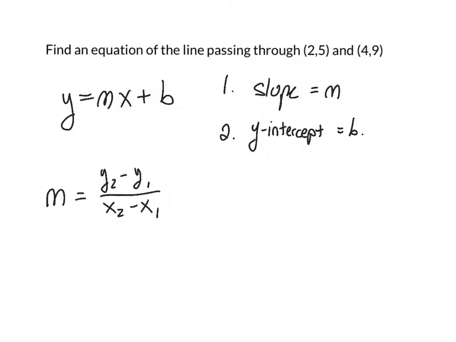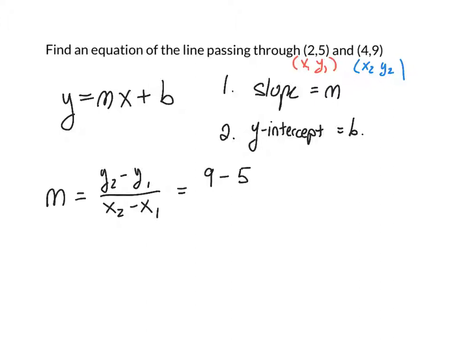So if we come over here, I'll call this x1, y1. That'll be my first point, and I'll call this x2, y2. That'll be my second point. So y2, in this case it looks like it's equal to 9, and y1 is equal to 5.